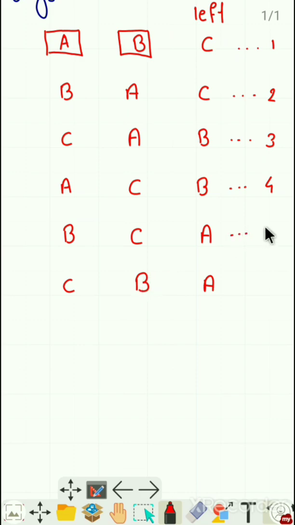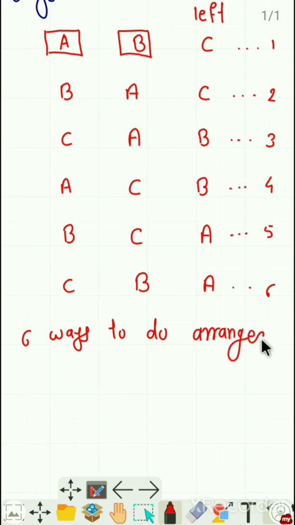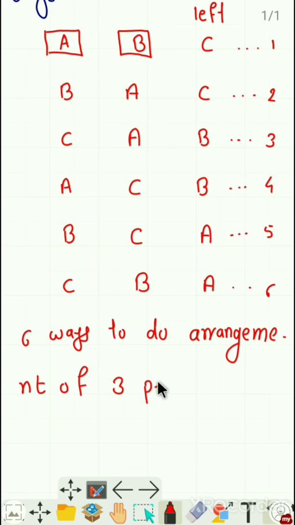So these are again 6 ways to arrange 3 persons on 2 chairs.